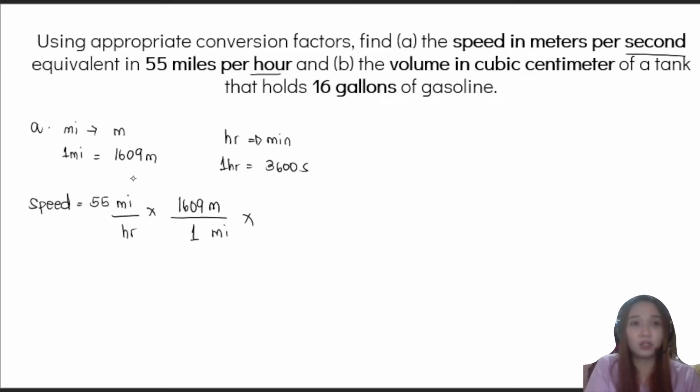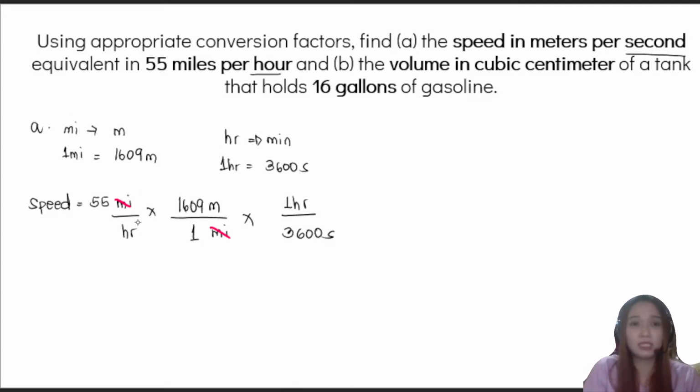Let's change colors so you can see. So, that is canceled. And then next is the hour. We need to cancel the hour. So, 1 hour, according to our conversion factor, is equal to 3,600 seconds.